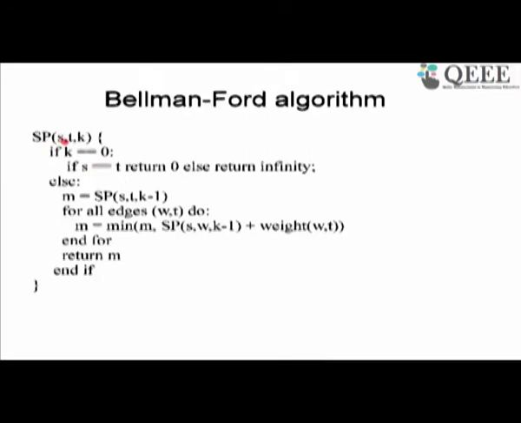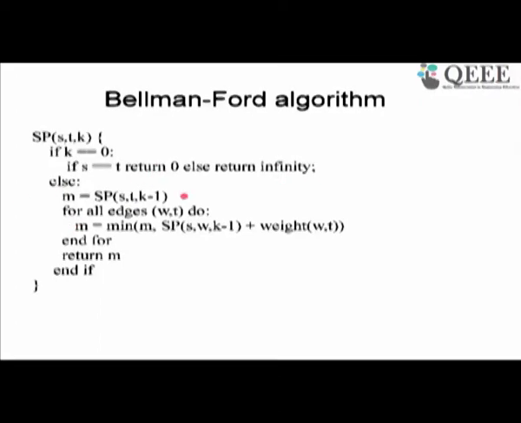So the shortest path S, T, k, recursive representation: shortest path from S to T with at most k edges. Remember, we are writing dynamic programming. If k is equal to 0, then it's very clear, S has to be equal to T, so return 0. Finished. That's the base case.